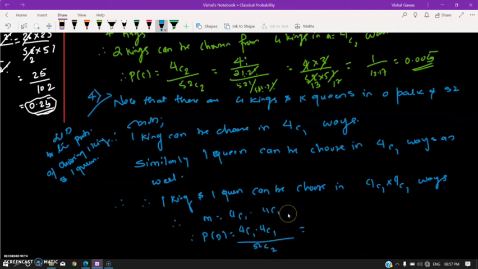If I do a little bit of calculation, 4C1 is 4, so this is 4 into 4 over 52 into 51 upon 2 factorial.